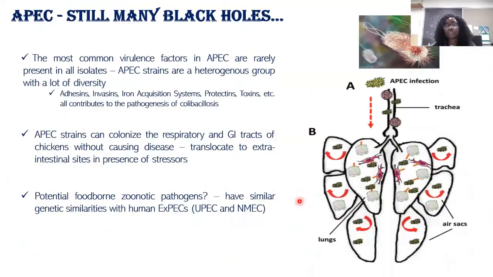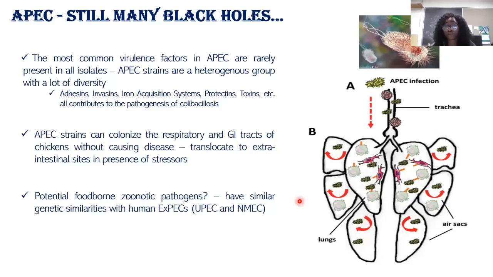Now, there are a lot of things yet to be known about these APEC strains that cause Colibacillosis in chickens. Number one is that they are very diverse, in the sense that it is very hard to find the same strain with the same set of virulence factors. Two is that studies have reported that these APEC strains can colonize the gastrointestinal tracts of chickens without causing any infection or disease.